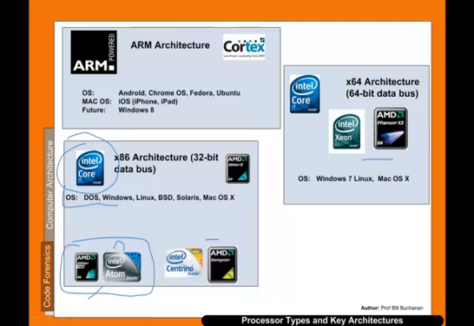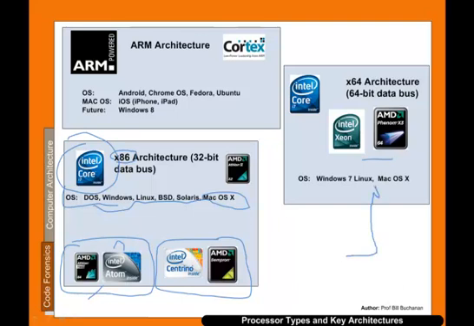We also get fairly general processors that are fairly powerful and are used in notebooks. So with x86 we have a 32-bit data bus, and it's been used in DOS, Windows, Linux, BSD, Solaris and Mac OS. The basic architecture of an Apple Mac or a MacBook is around the x86 architecture.